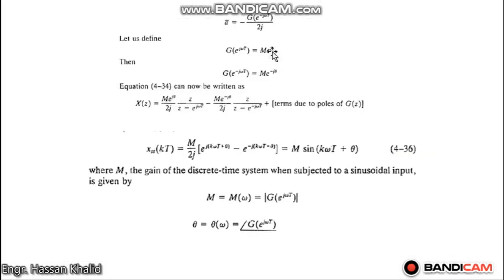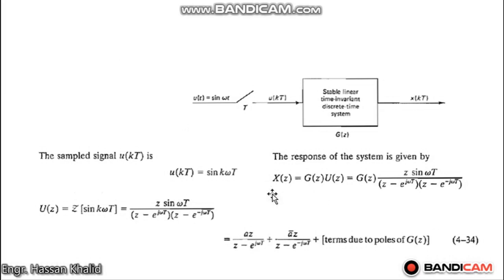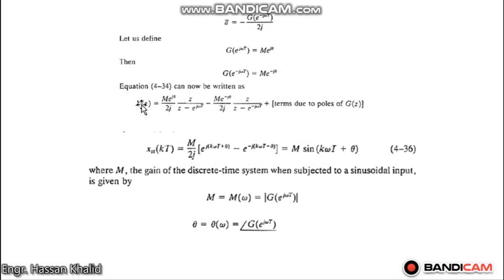Now let us replace all the factors of this equation in the previous slide to obtain X(z) in the general manner. This is the final equation, represented in the form of a phase and the magnitude.